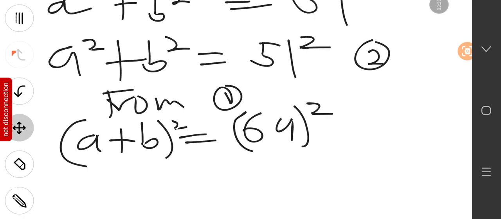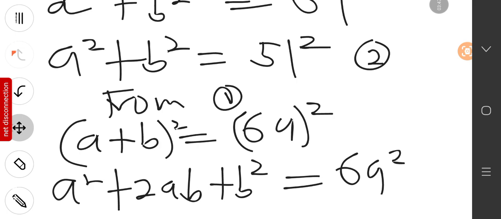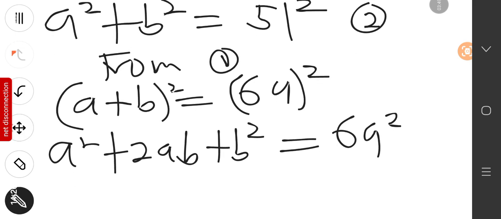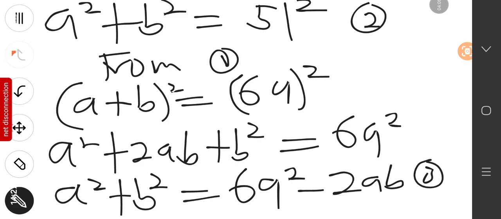So we have A squared plus 2AB plus B squared equals 69 squared. Let's make A squared plus B squared the subject: A squared plus B squared equals 69 squared minus 2AB. Let's call this equation 3.